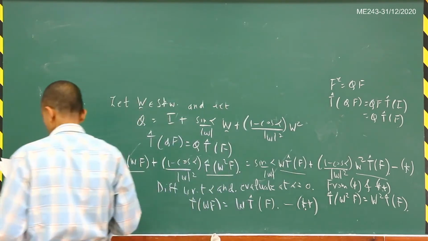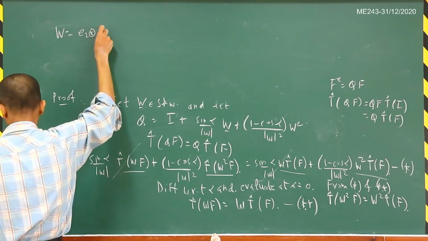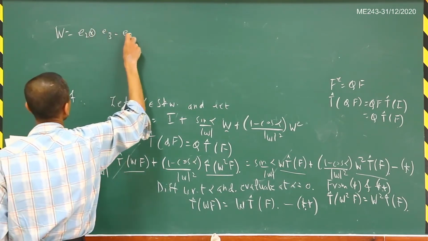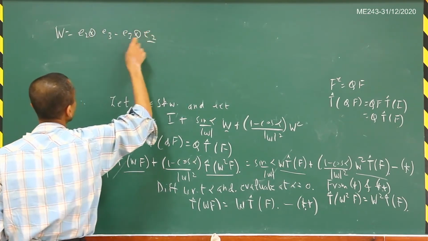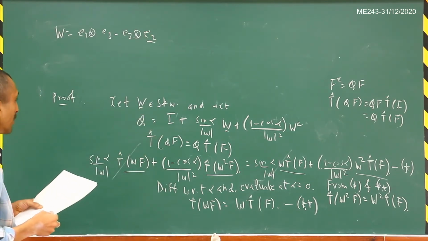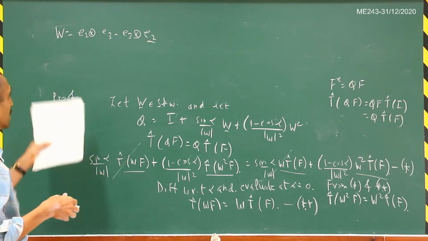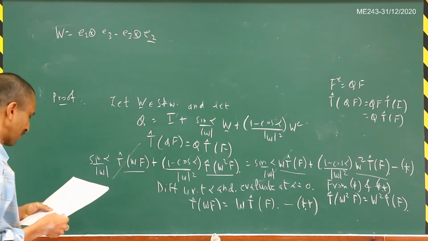Now let W be equal to E2 dyadic E3 minus E3 dyadic E2. This is an orthonormal basis, E1, E2, E3, and this is clearly a skew-symmetric tensor.